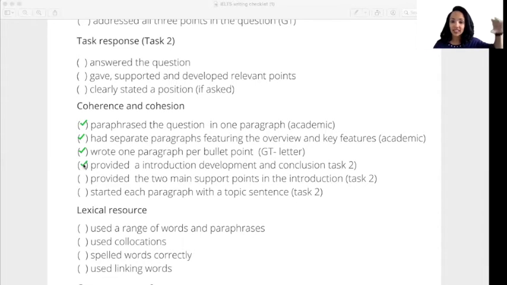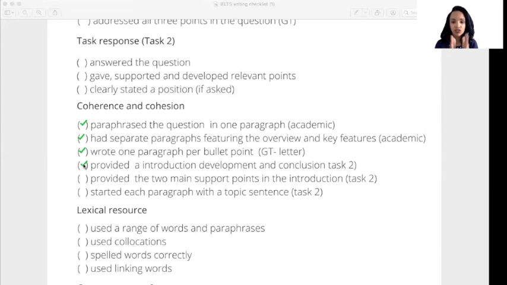So in the introductory paragraph, you're supposed to briefly mention the 2 sides of your argument and provide a position if you're asked to. And then once you've done that, you will develop your arguments in the development paragraphs. So things like your examples and supporting ideas, they should come in the development paragraphs.